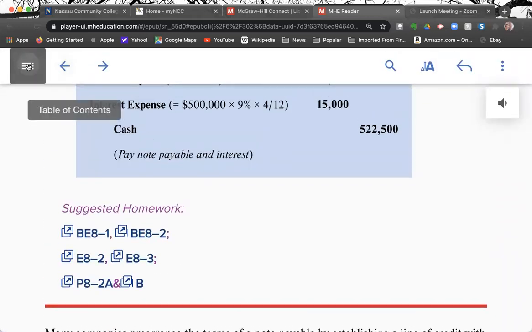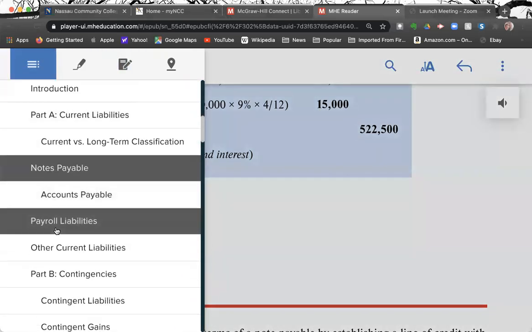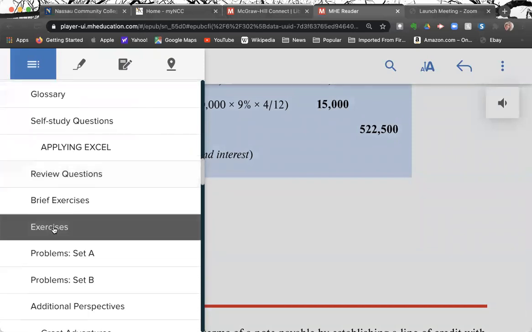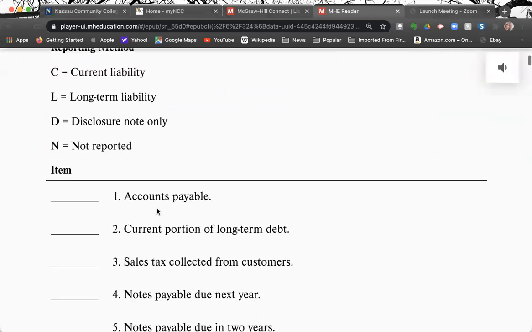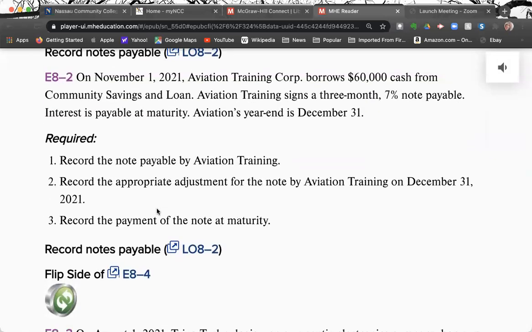Now let's take a look for homework. Exercise 8-2. All right, so this is very similar to what we just saw.